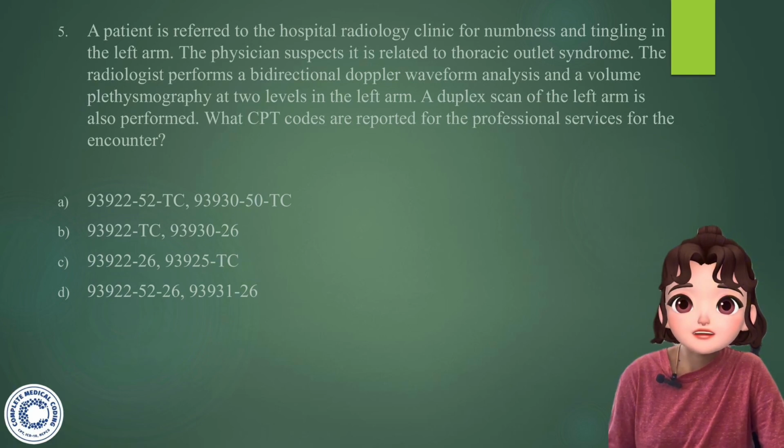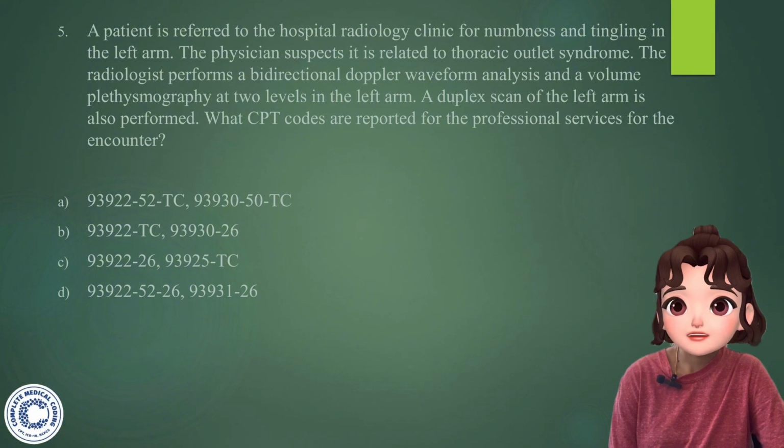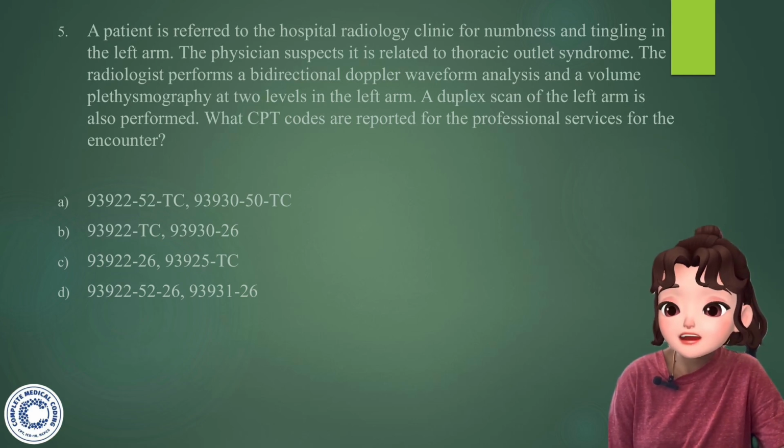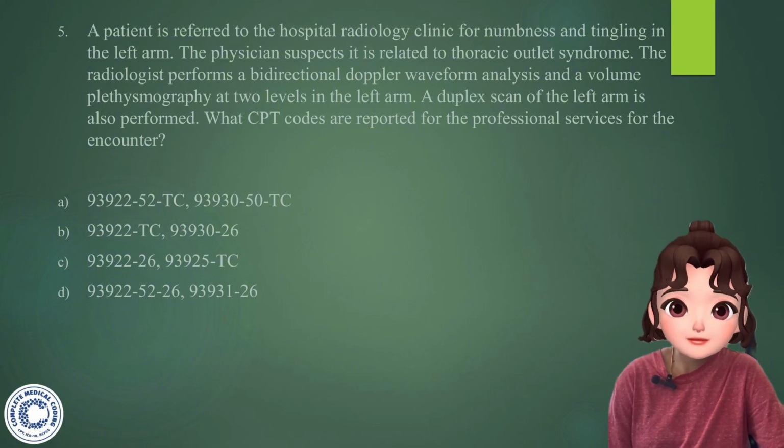So let's find out what are the options, what is the correct option. What's the first code? 93922. What is 93922? Limited bilateral non-invasive. This again belongs to the medicine chapter, 90,000 series. Extremity arterial studies including digits.